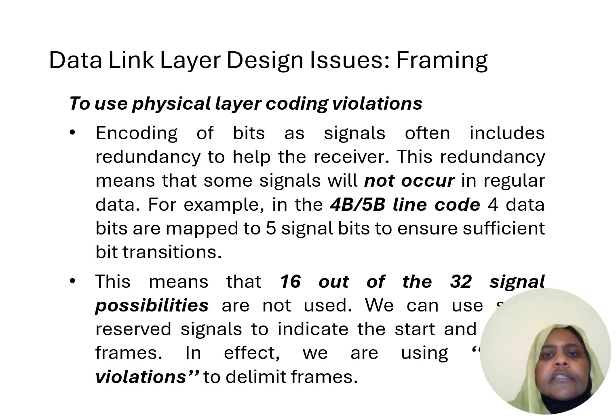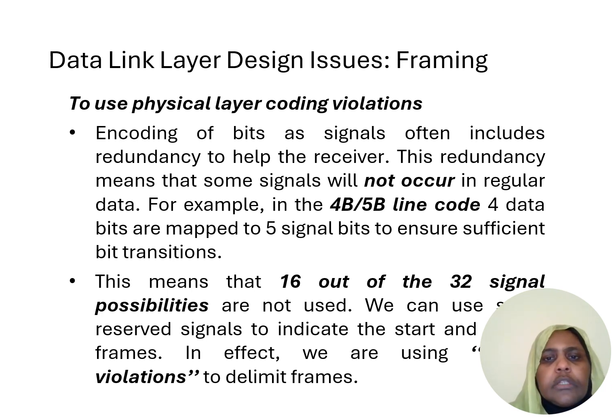To overcome this, we introduce physical layer coding violation. As we have discussed in the previous chapter, the physical layer introduced some redundant signals in order to avoid noise and to make sure that the data has reached the receiver as it should.